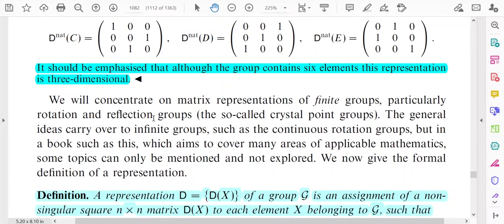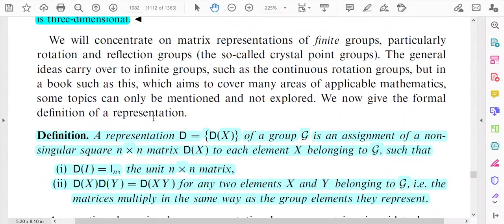Now we will give the formal definition of a representation. So what is a representation?